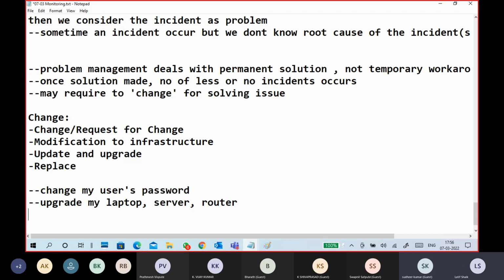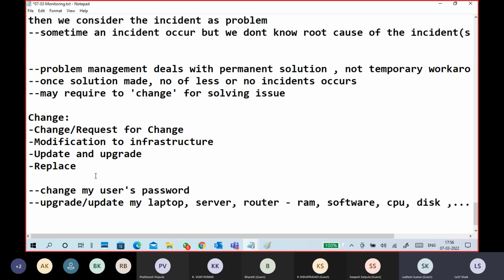In upgradation, anything can be there, like RAM upgradation, software upgradation, CPU upgradation, network connections, anything. So you can have different types of upgradations and updates, software updates. Very important, guys.